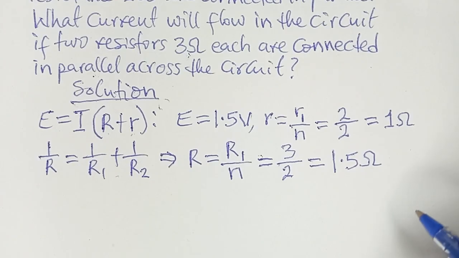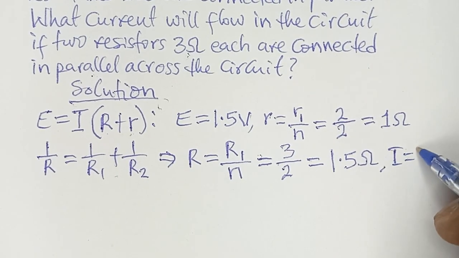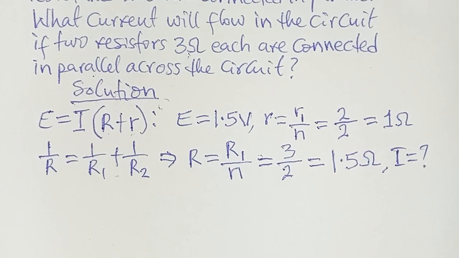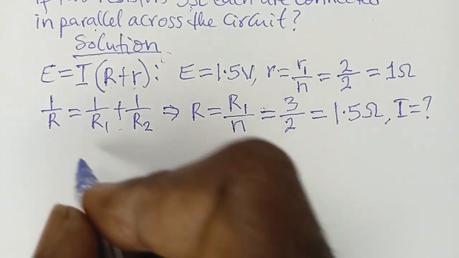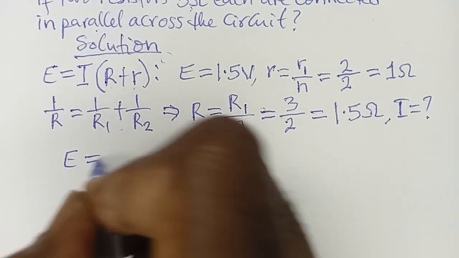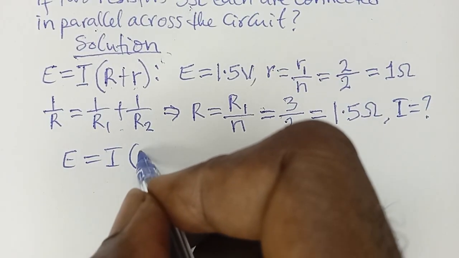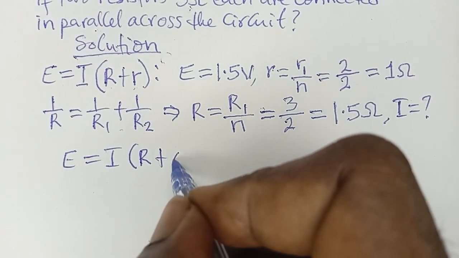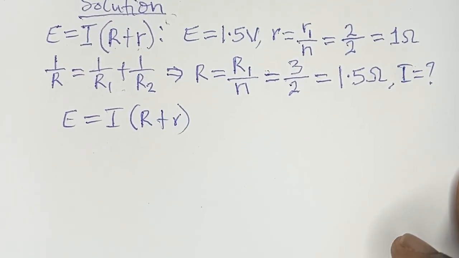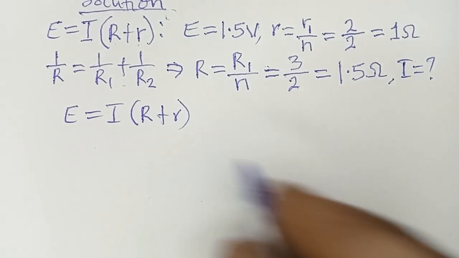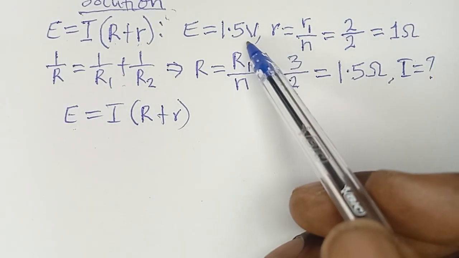And then finally, don't forget that we are looking for the current. So back to our EMF formula: E is equal to the current multiplied by external resistance plus internal resistance. We're going to use this formula to get the value of the current. The effective EMF from the beginning is 1.5.